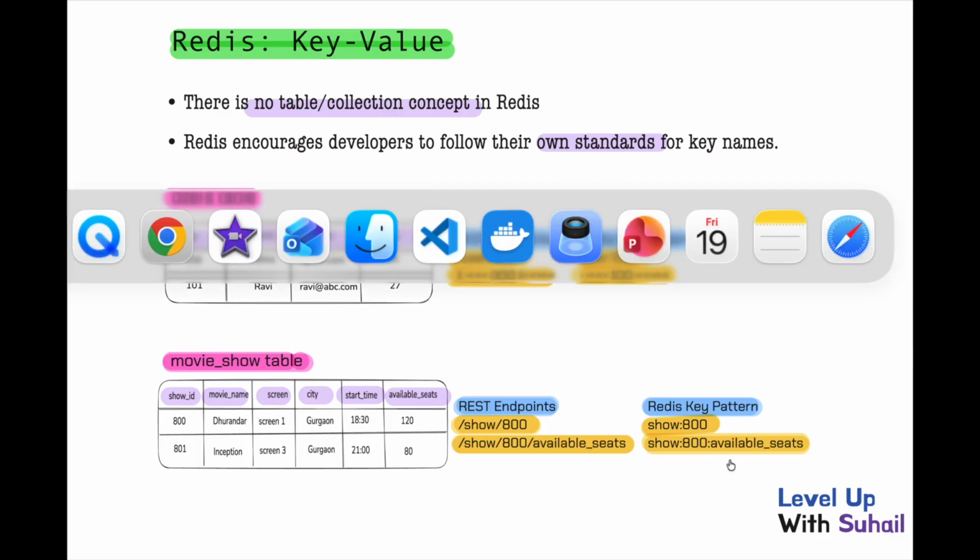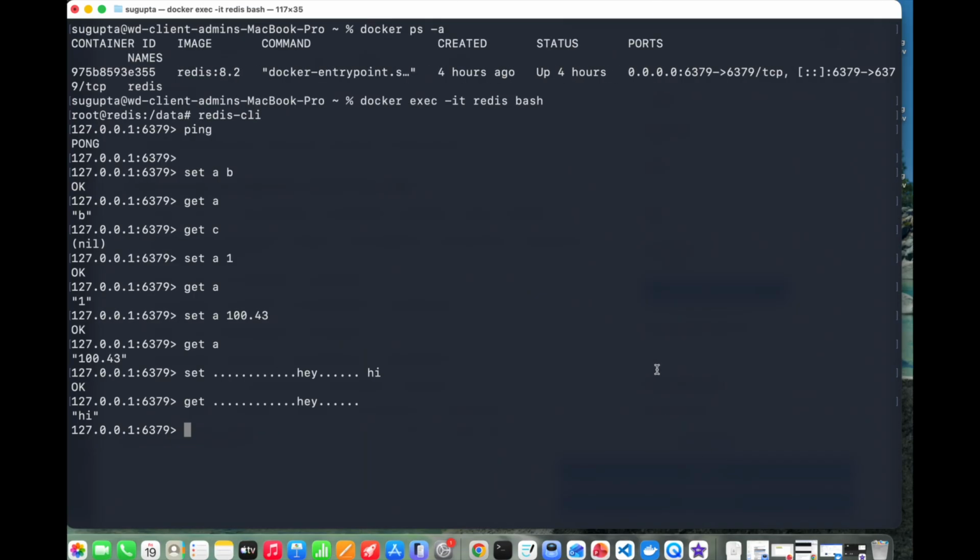Now let's see one more thing. For example, if we issue set some key and I want to create a value with a space, for example "some value", this would throw an error, because the value should not have a space.